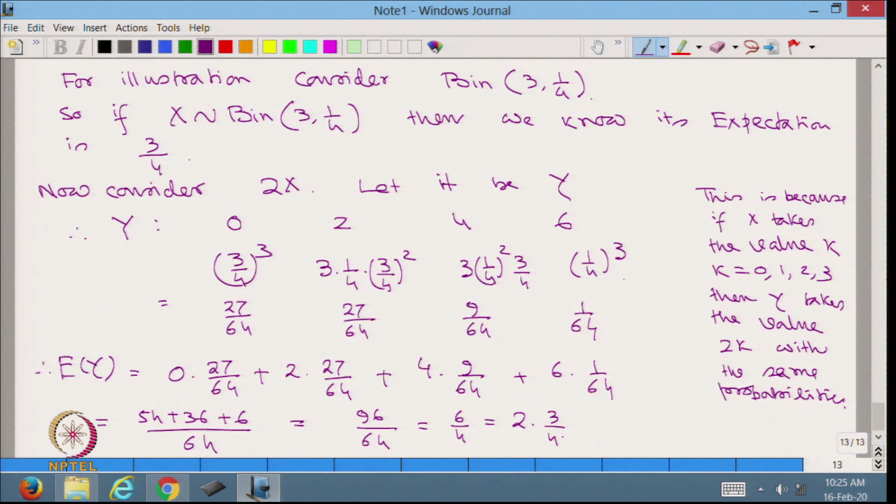Thus, we see that for y equal to 2x, the expectation is 2 times the expectation of x.